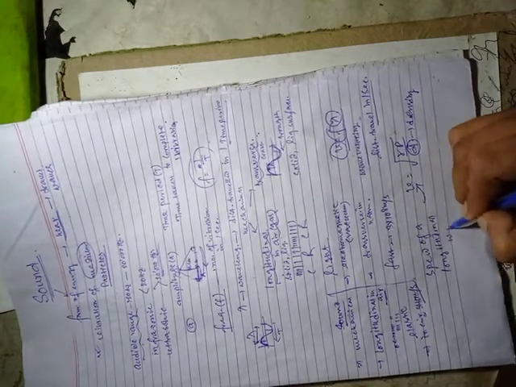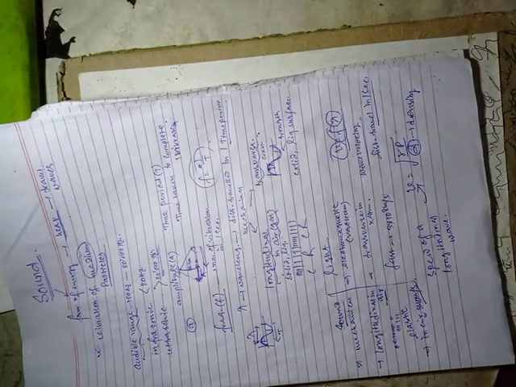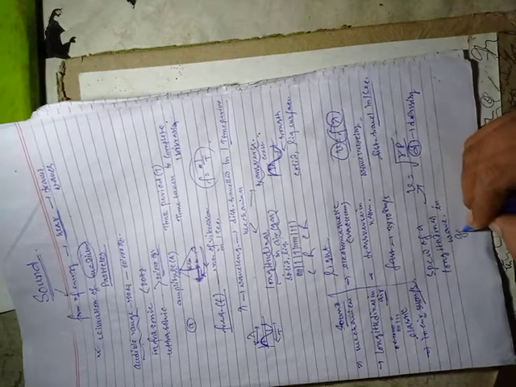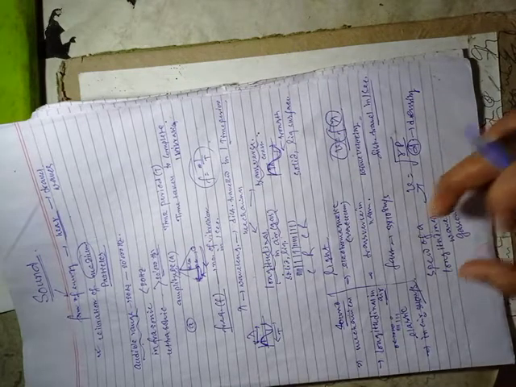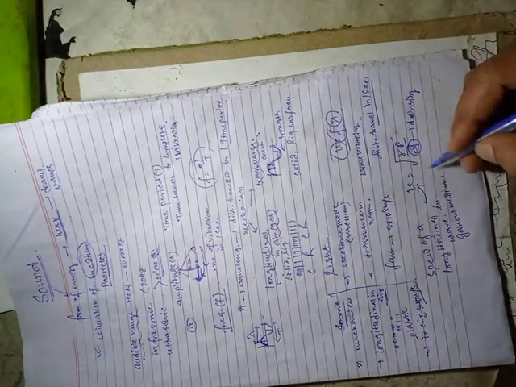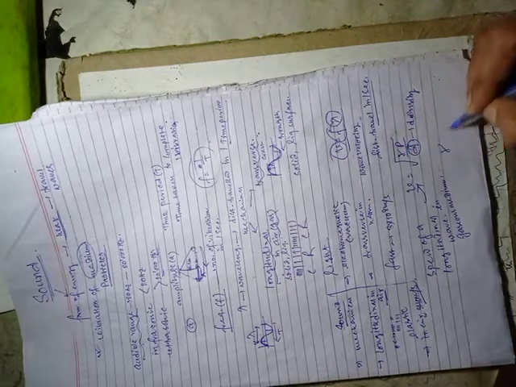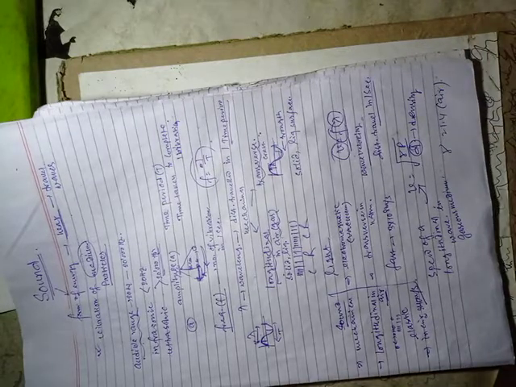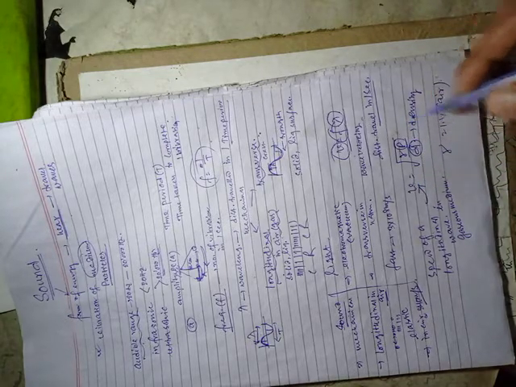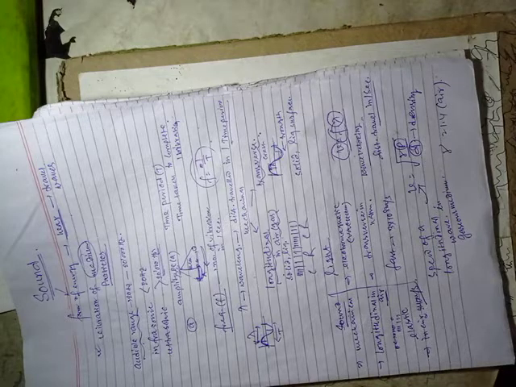Gamma is the ratio of specific heats, which is 1.4 in air, d is the density, and p is the pressure. If the pressure of the medium is p and density is d, then the speed of a longitudinal wave in that medium will be v is equal to root over gamma p by d. You need to remember these relations.